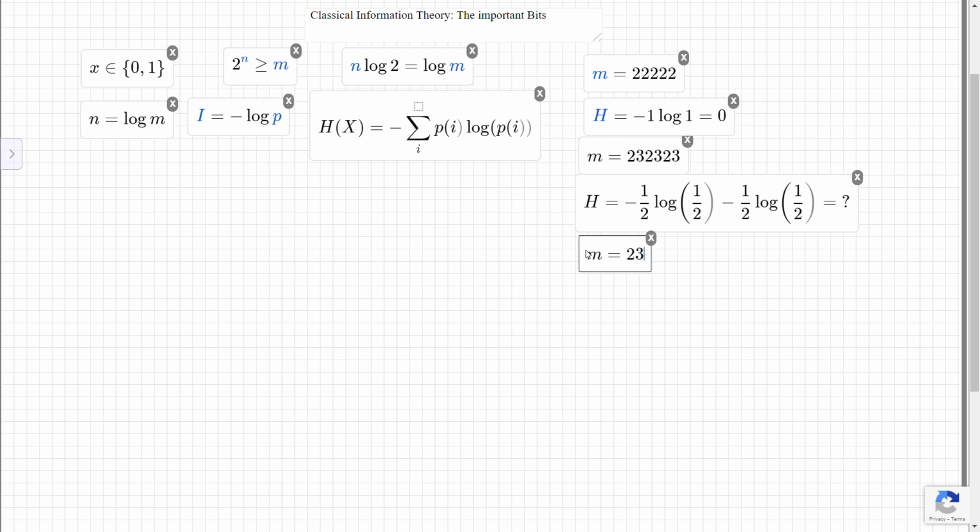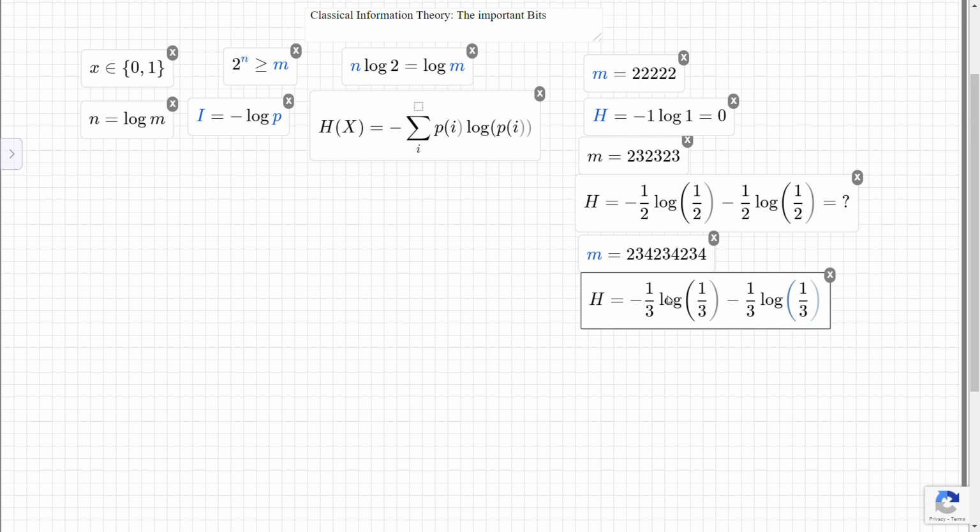But I wanted to make a point, for which I'm going to take another message. Let's say 234 234 234. So there are three symbols and the probability of finding each of them is 1 by 3. So the entropy in this case is going to be minus 1 by 3 log 1 by 3, then minus 1 by 3 log 1 by 3, then minus 1 by 3 log 1 by 3.